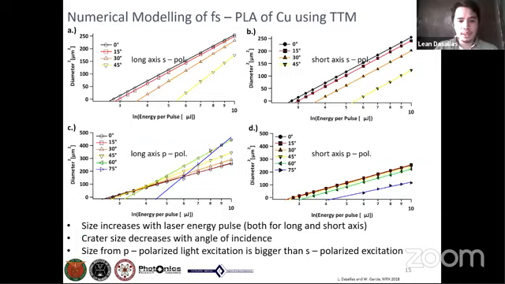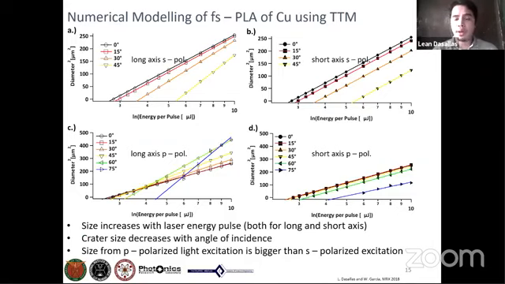However, we see that the size of the ablation crater, meaning the diameter, will increase with the laser pulse energy. And since the temperature decreases with the increase in angle of incidence, the resulting diameter will also change. However, again, when we use p-polarized light, we can obtain a bigger ablation crater compared to the s-polarized light.